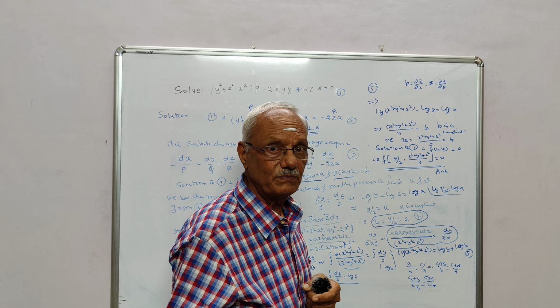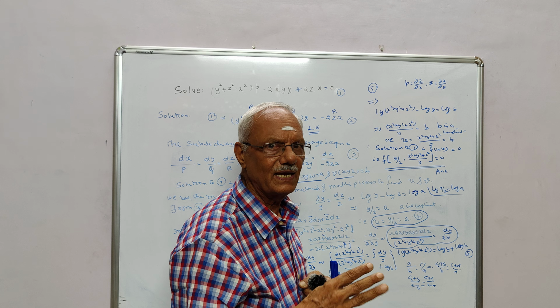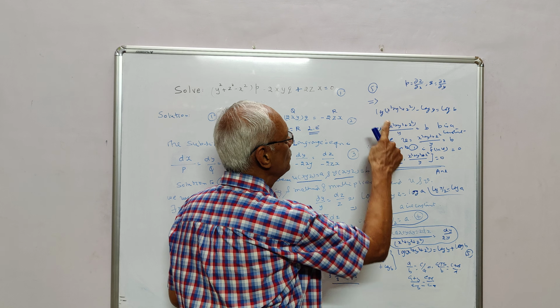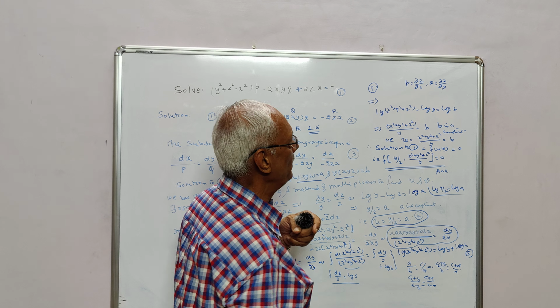You can even take it as b, but I take it as log b because I can cancel log on both sides and get it without log. That's why I am taking it as log. So log of x square plus y square plus z square minus log y is equal to log b.